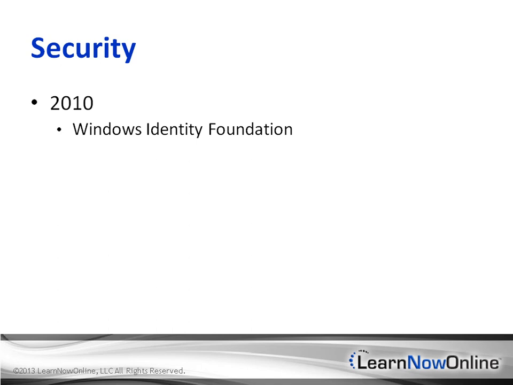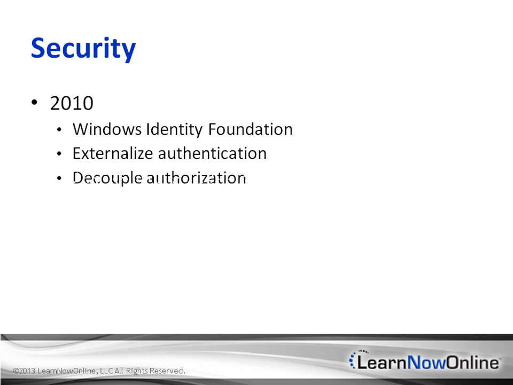The goal of WIF was to externalize authentication completely where possible and remove dependencies between the authentication mechanism that identifies the user and the authorization system that will control the user's level of access. So it's externalizing authentication and removing that coupling between authentication and authorization.